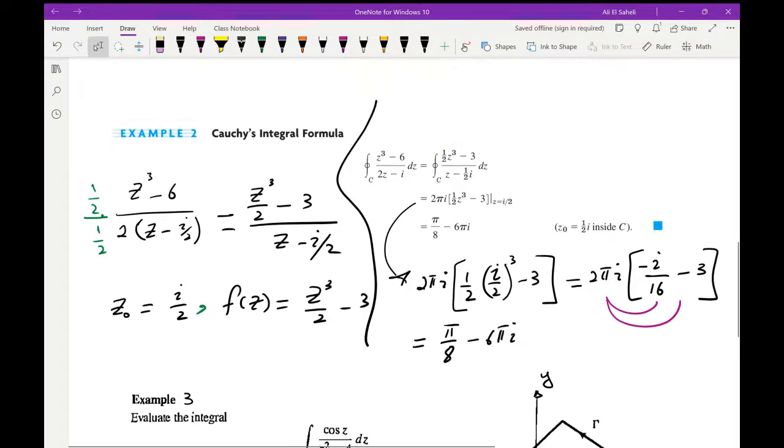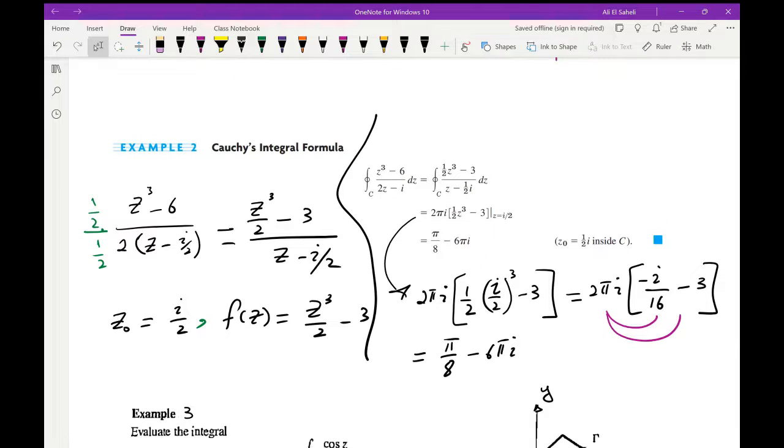And this is the case because in this example, i over 2 is inside the closed path, closed contour C. So basically here we don't know anything about the closed contour, and we don't need to know anything about the closed contour except this.